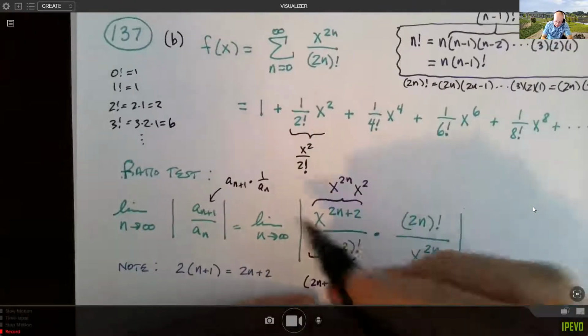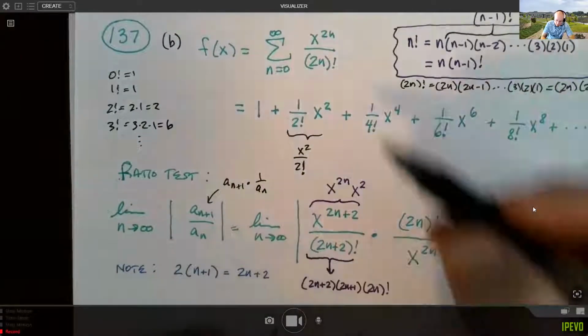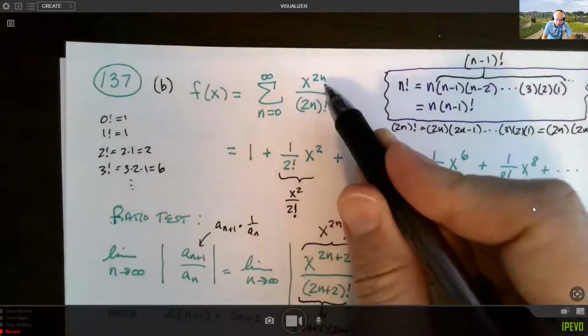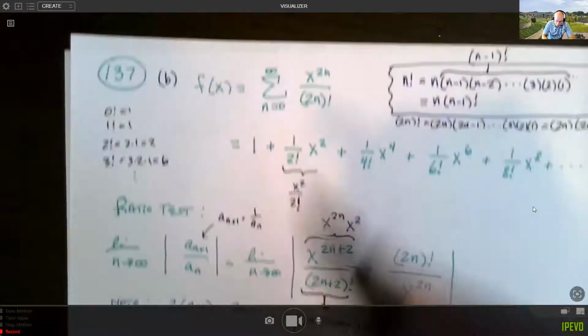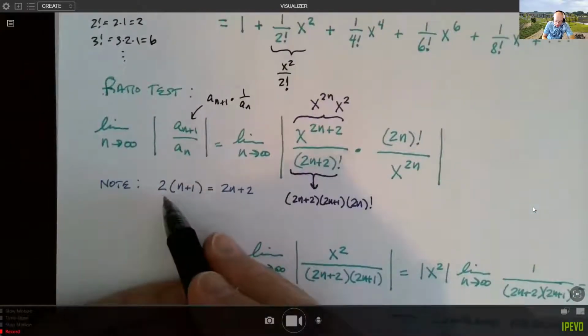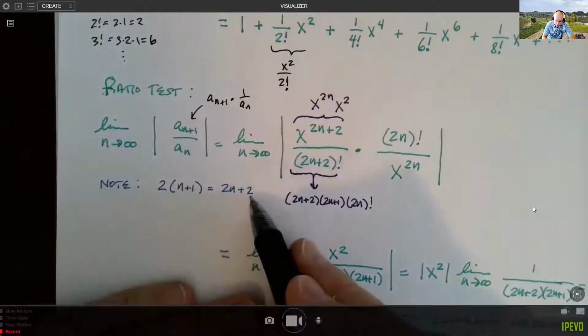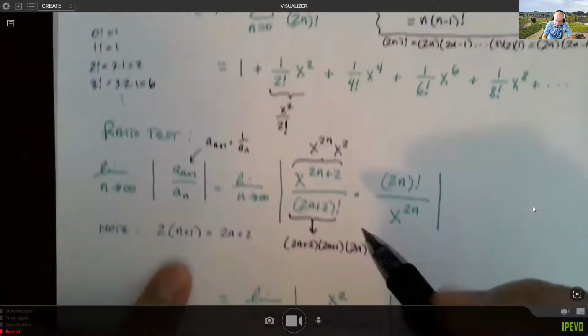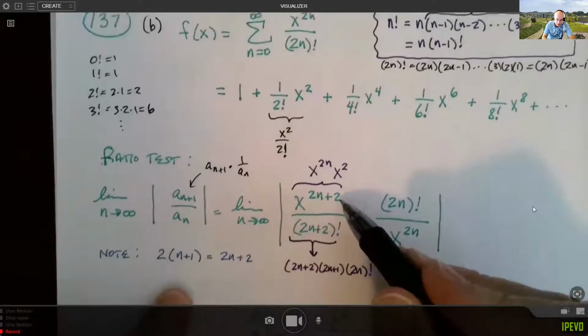So a sub n plus 1: be careful, when I replace n with n plus 1, I get 2 times the quantity n plus 1, which if I distribute the 2 is actually 2n plus 2. So when I plug in n plus 1, I get x to the 2n plus 2.